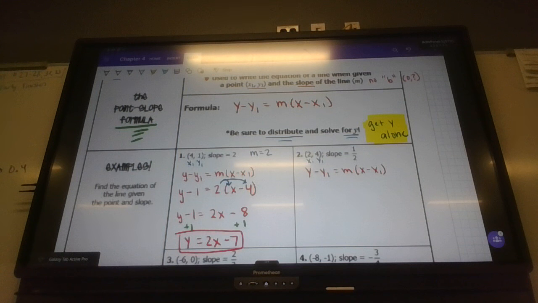Yeah, and we're plugging into the x1, not the regular x. So this one would be y minus 4 equals 1 x minus 2.